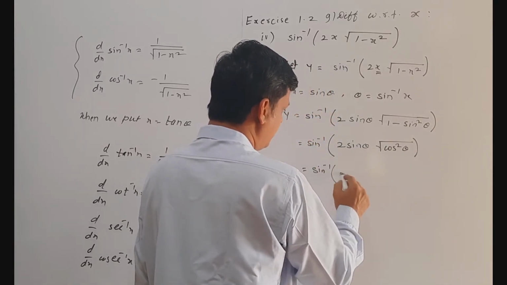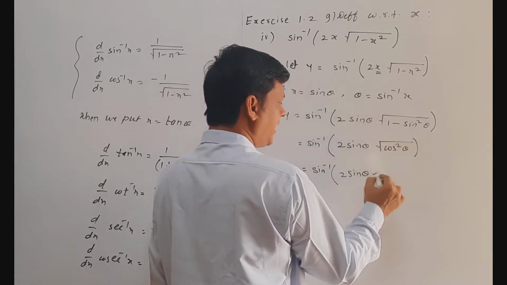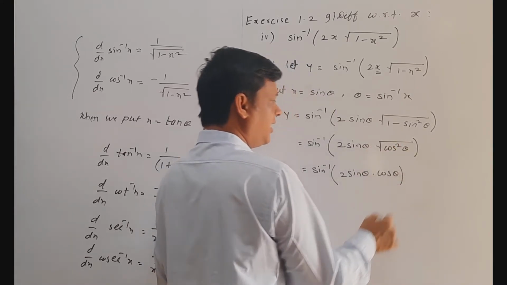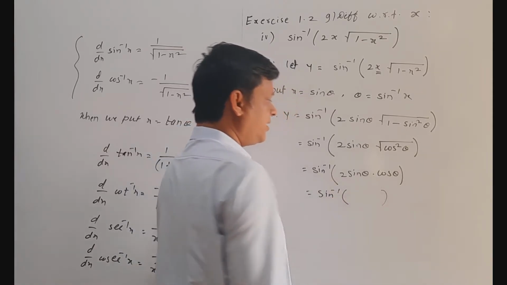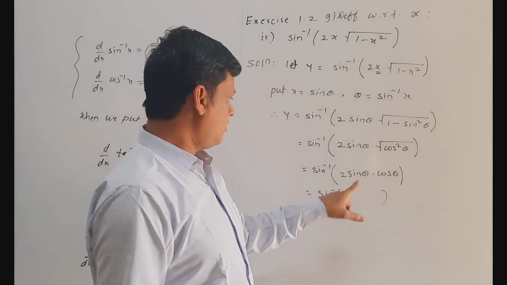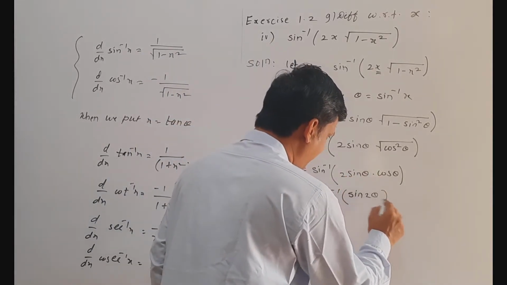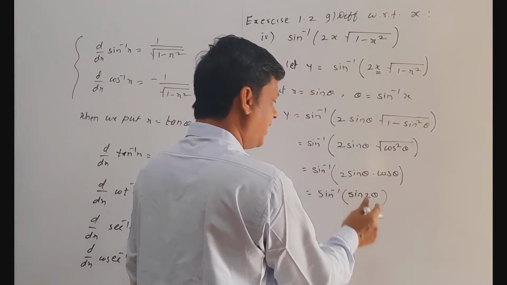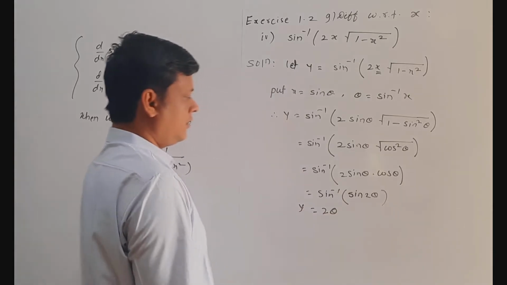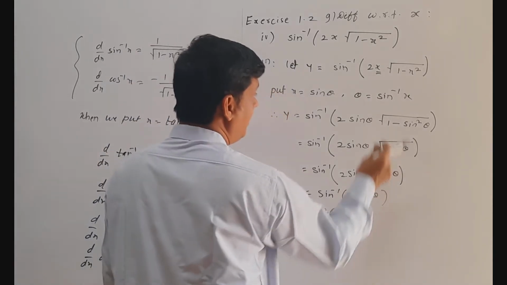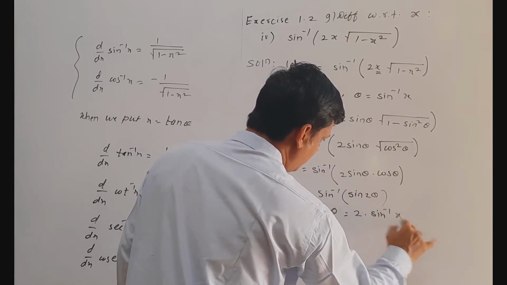The square and square root get cancelled, so we write here cos theta, so sin inverse of, this is a double angle formula, 2 sin theta into cos theta can be written as sin 2 theta. So sin inverse and sin get cancelled, so we write this as 2 theta. Now replace this theta by sin inverse of x, so we write 2 into sin inverse of x.